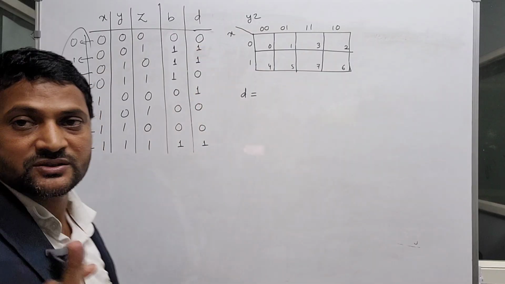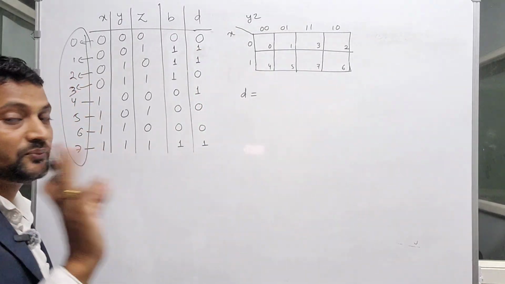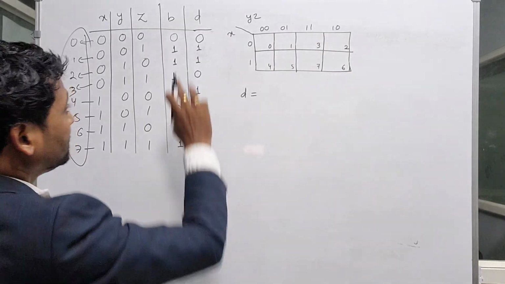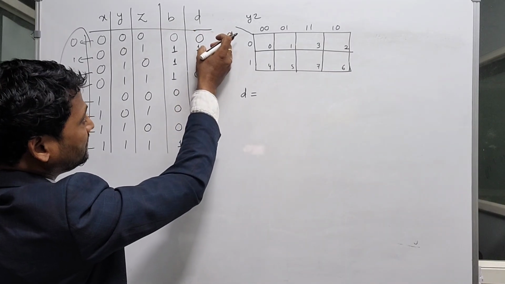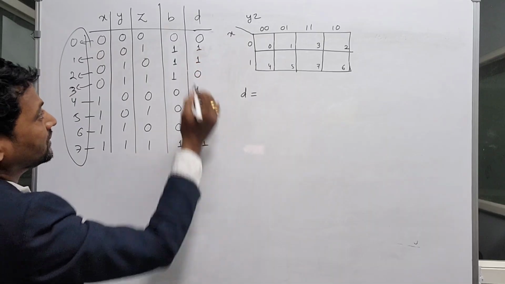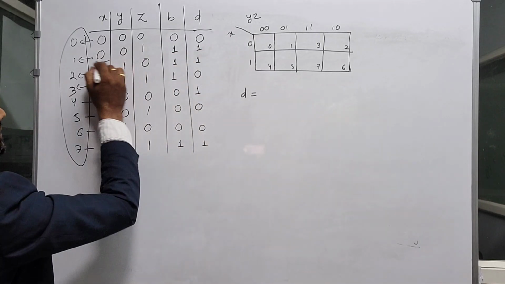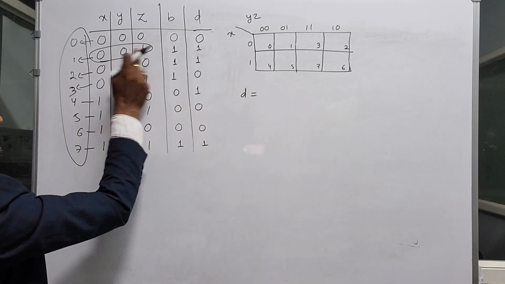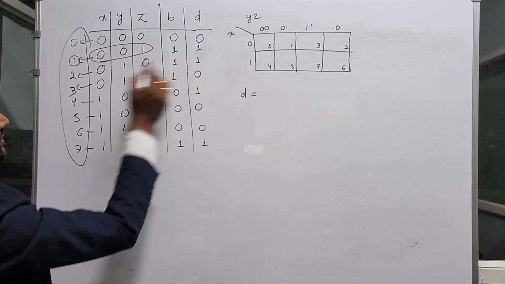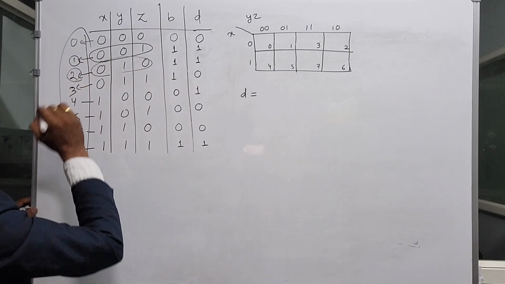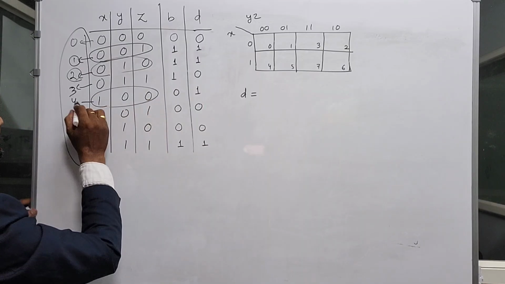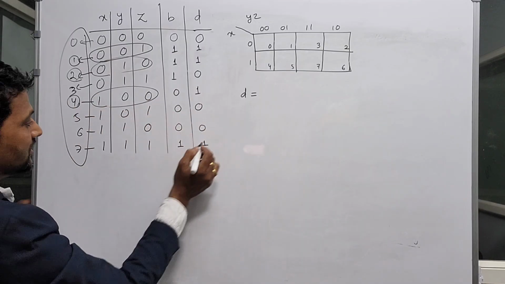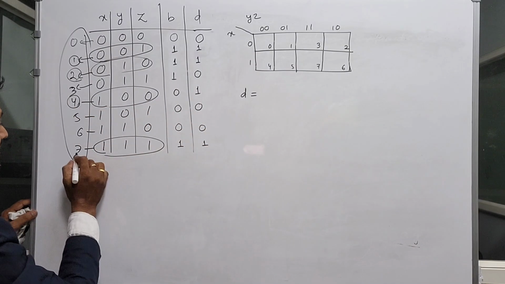As I have told, we always take the value of 1 to write the equation. There are four 1s here. We take the corresponding inputs: the first and second, then the fourth, and the last one is the seventh.